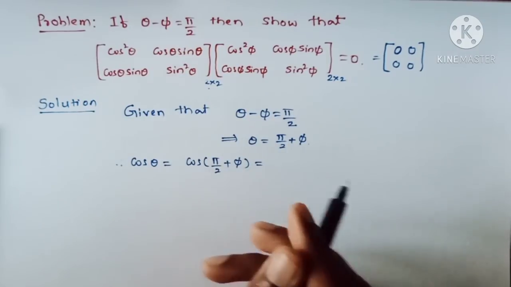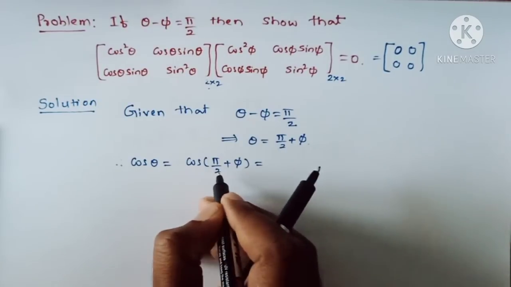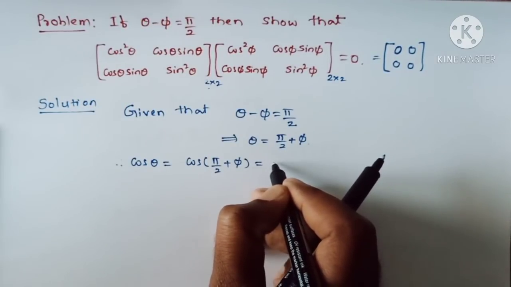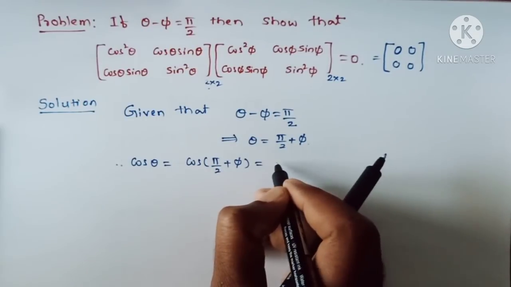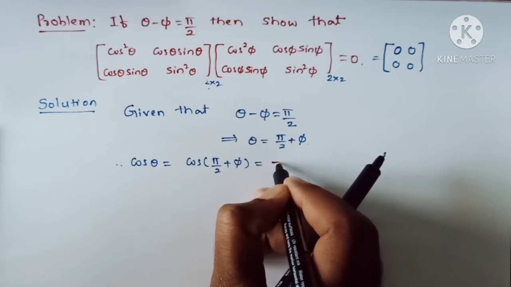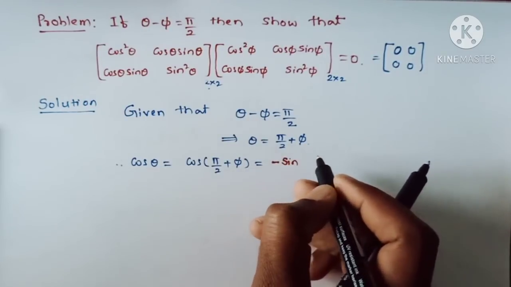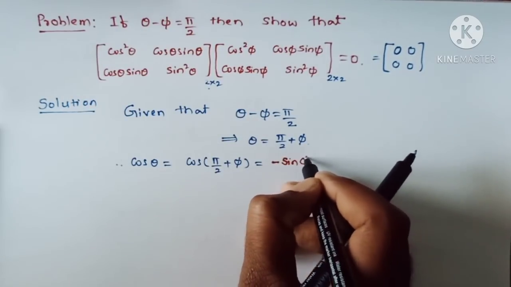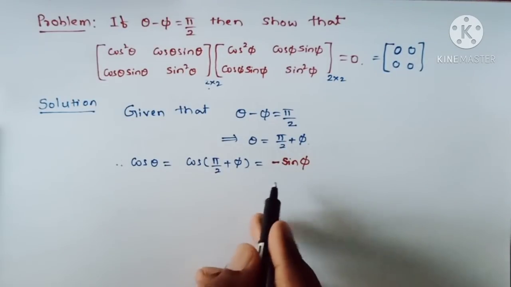In the second quadrant cos is negative, therefore the ratio changes to sin. So this is minus sin phi.